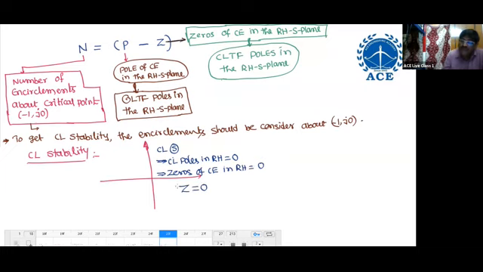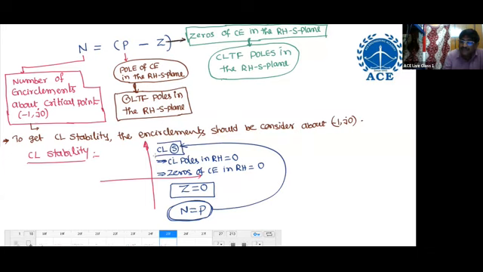Substituting Z equal to 0, N equal to P. Whenever N equal to P, the closed loop system becomes stable.